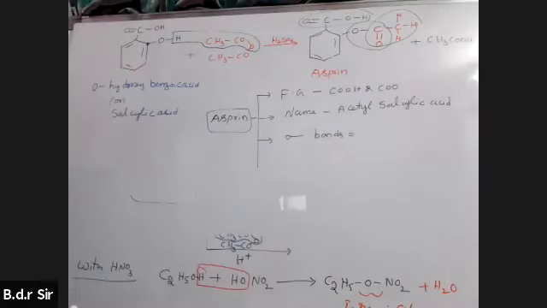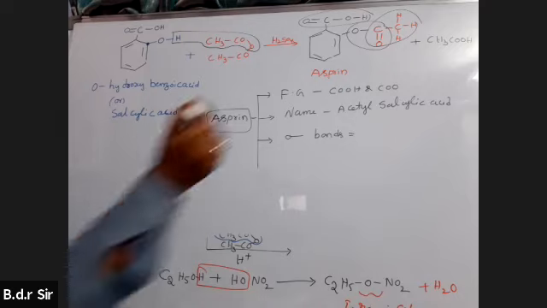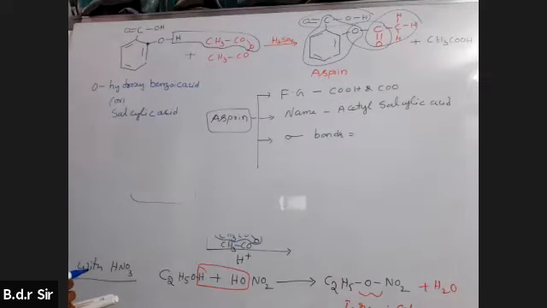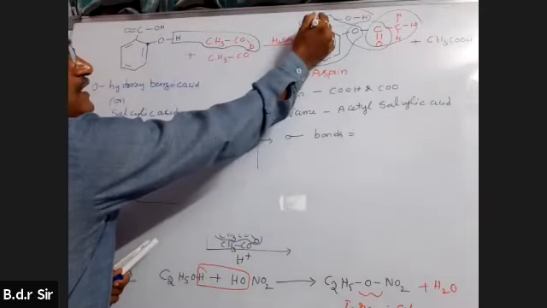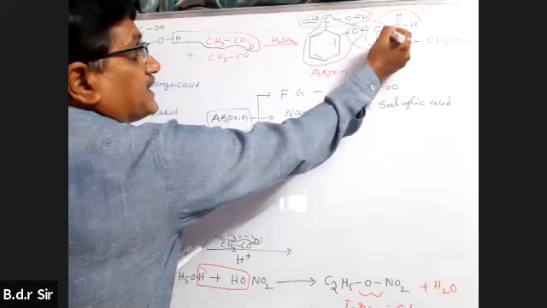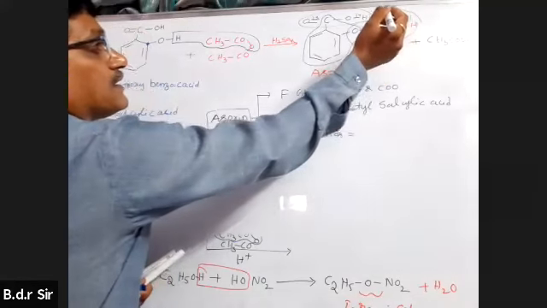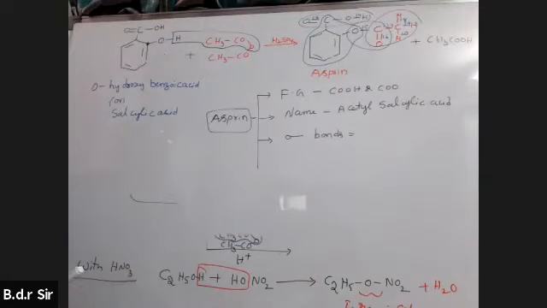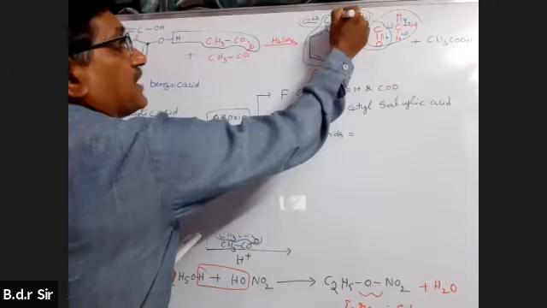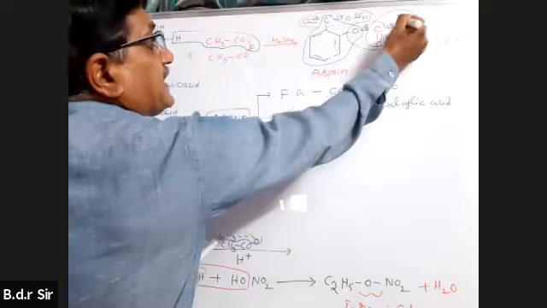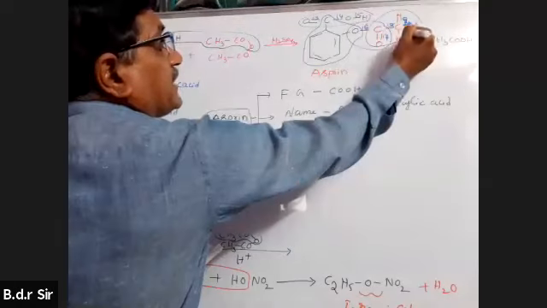Here in aspirin, number of sigma bonds. How many sigma bonds? Up to here, 12 sigma, 13, 14, 15, 16, 17, 18, 19, 20, 21.